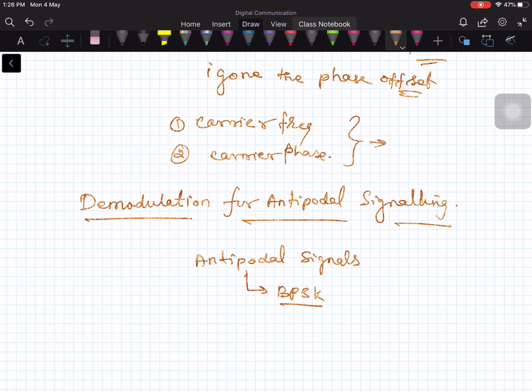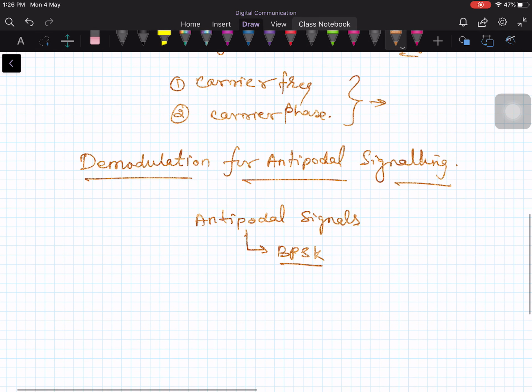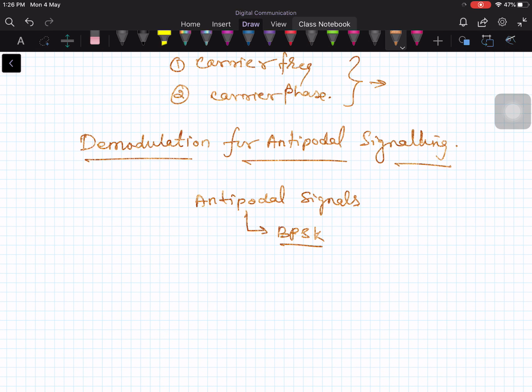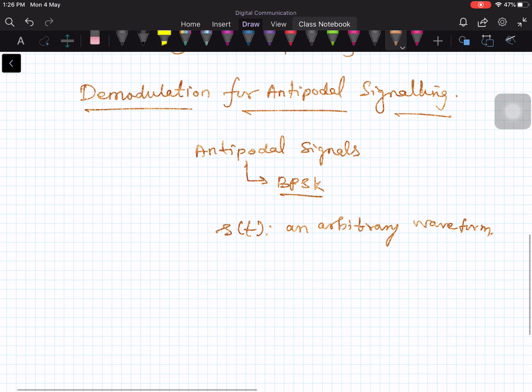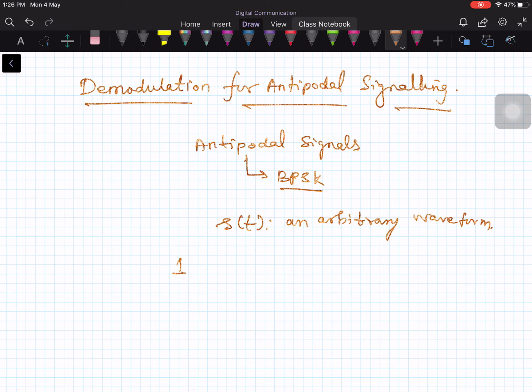The BPSK is the main example of antipodal signaling in most practical applications. Okay, your general antipodal signal can be defined in terms of an arbitrary waveform. So you take S of t, it can be an arbitrary waveform. So what you do is, if logic 1 comes, bit 1 comes, you transmit A times S of t, and if 0 comes, you transmit minus A times S of t.